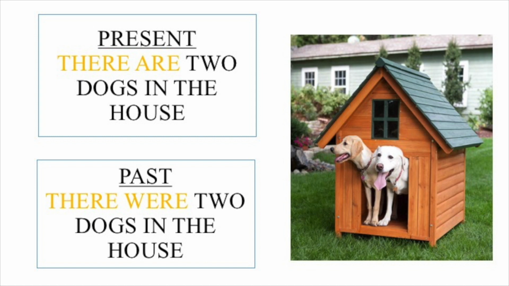Now, plural objects, past tense. There were two dogs in the house. Excellent, guys. So, plural objects, present, there are. Past tense, there were.